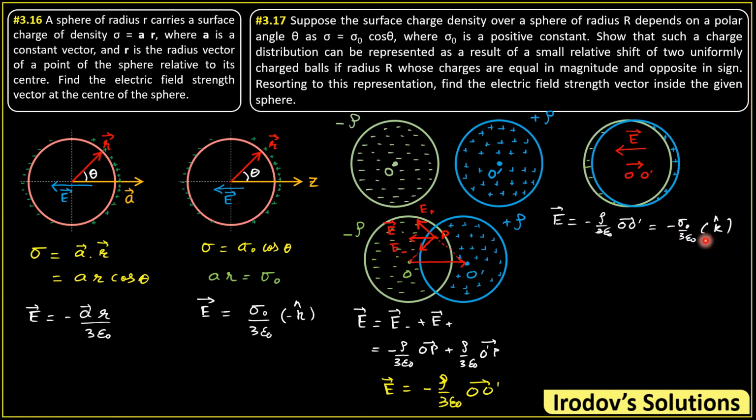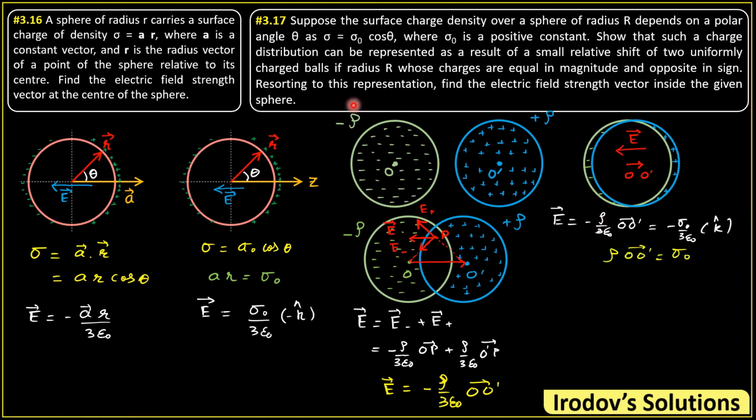So I can think that this situation in which there is a surface charge density sigma equal to sigma naught cos theta is equivalent to a small relative shift of two uniformly charged balls of radius r whose charges are equal in magnitude and opposite in sign. And the correspondence between this sigma naught and this rho is given by this equation: rho times OO dash is equal to sigma naught.